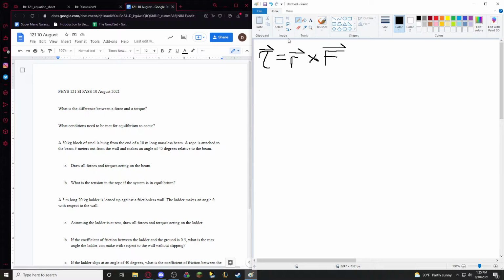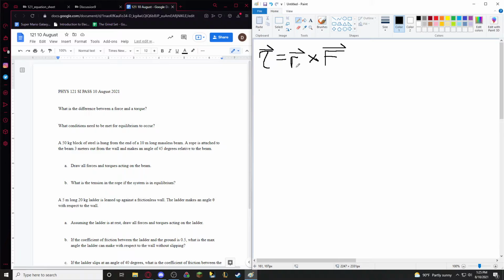It would be the direction of the force because they're all going in the same direction. Whatever direction the force is in will be the direction of the torque. If you're doing net torque, then it's the direction of the net force. It wouldn't be the direction of the force because of the cross product.